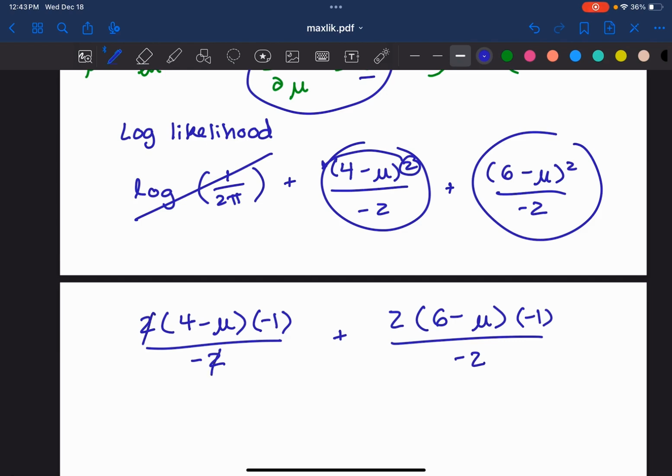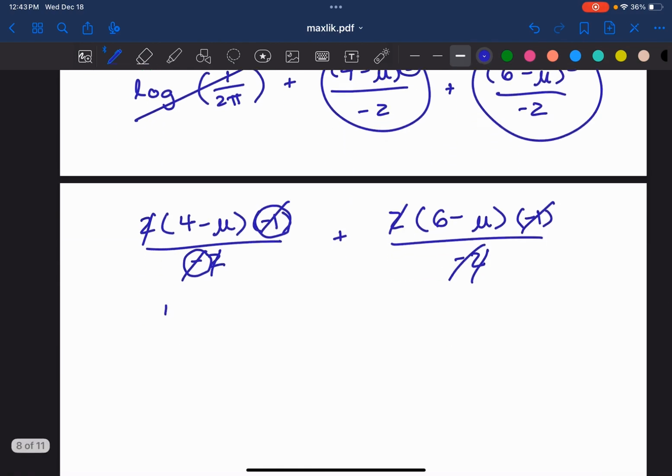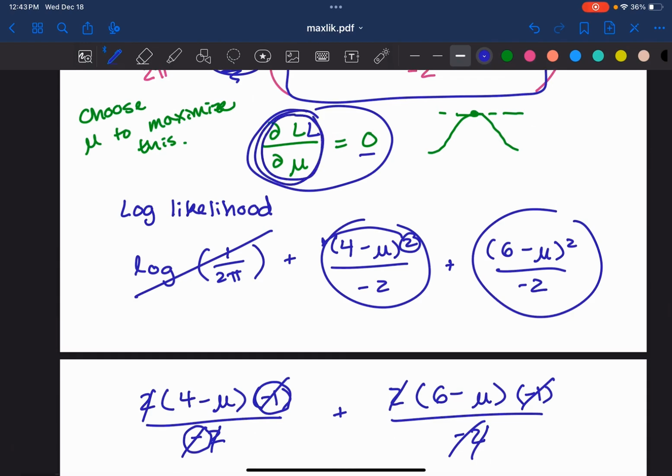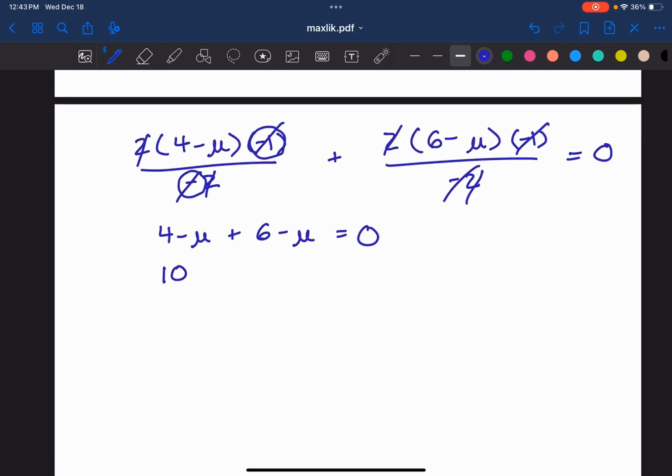The 2s cancel here. I'm multiplying by a negative and then by a negative again, so that cancels out. What I'm left with is just 4 minus mu plus 6 minus mu, the partial derivative with respect to mu, and I set it equal to 0. Simplifying a little bit more, I get 10 equals 2 mu, or mu is 5.